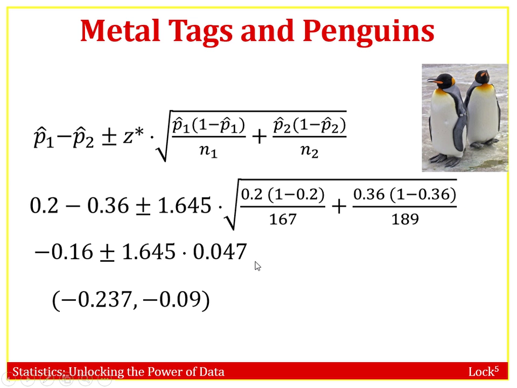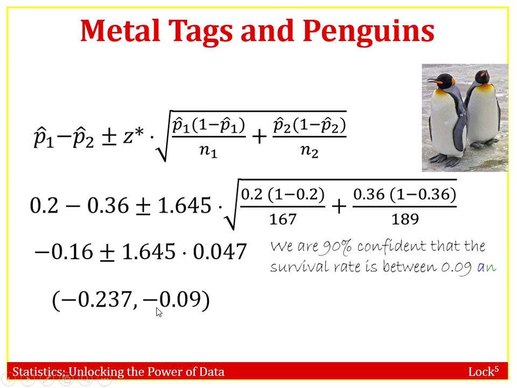So now we can go ahead and work that out. We take negative 0.16 plus all this, and we get negative 0.09. And then take negative 0.16 minus all this, and we get negative 0.23.